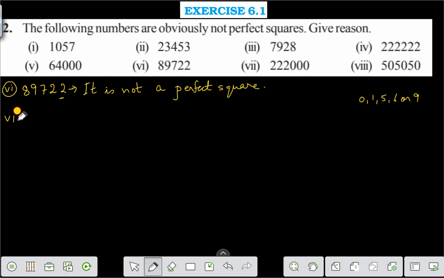Now question number 7. Question number 7 is 222000.